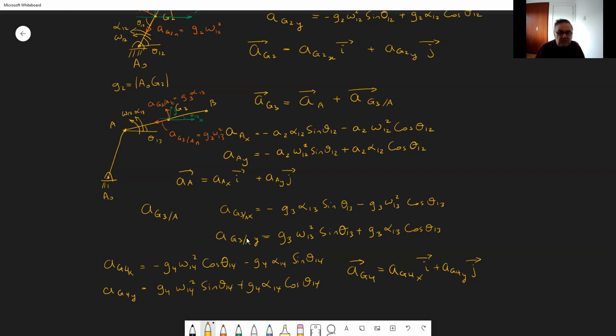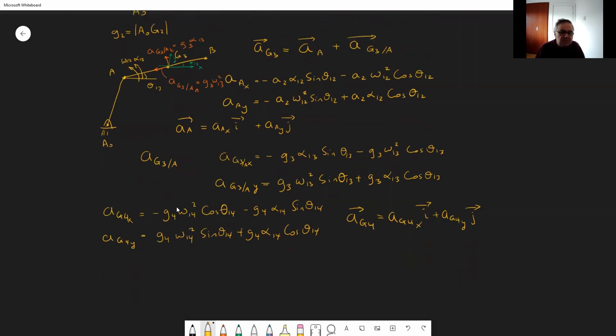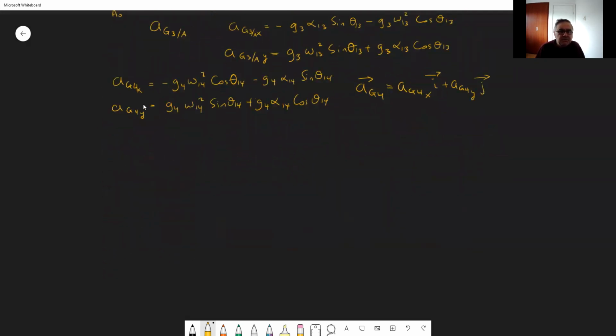You just have to add them up to get them, and the acceleration of G4 is given here also. They are long expressions, but as I said, when they are programmed on a computer, it doesn't matter whether they are long or not. You can just use them. So after this, what do we do?